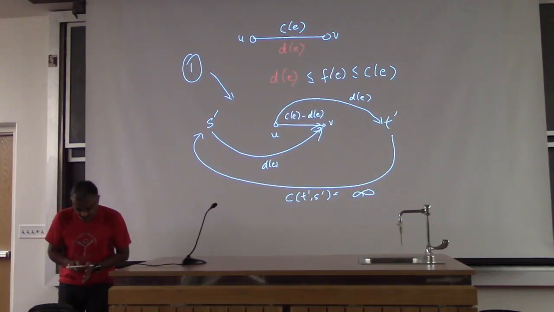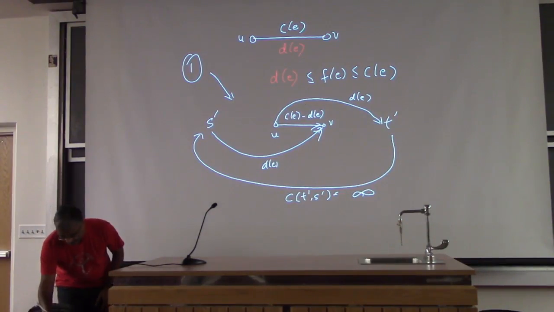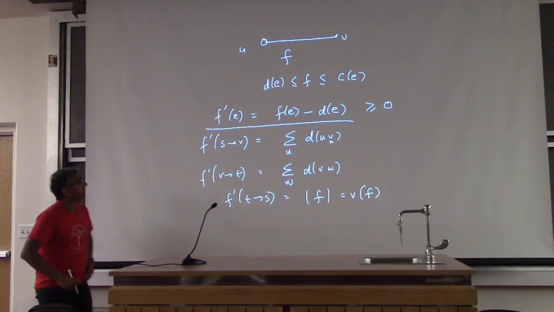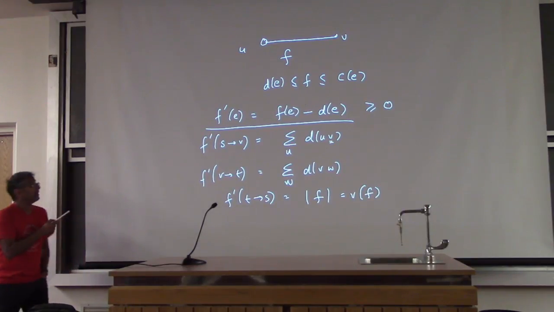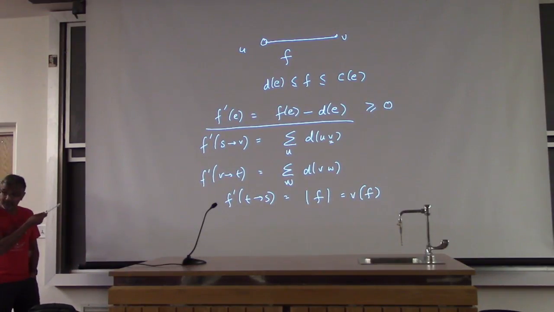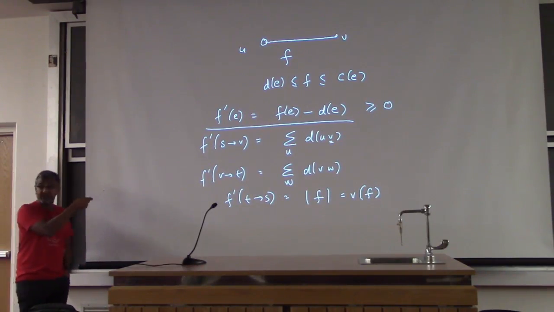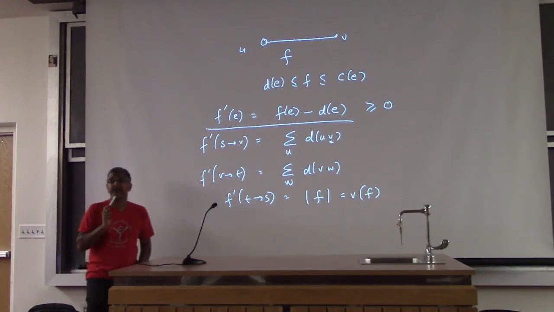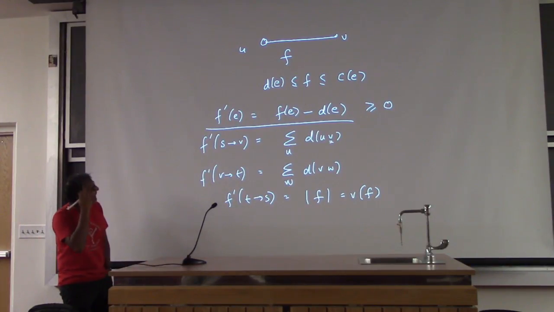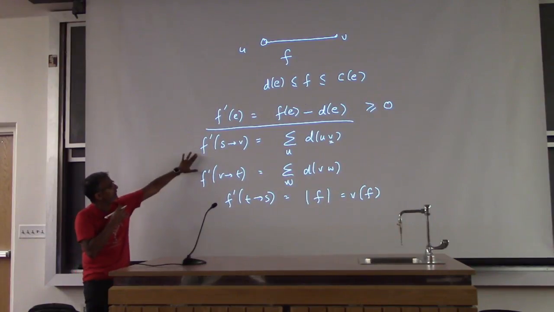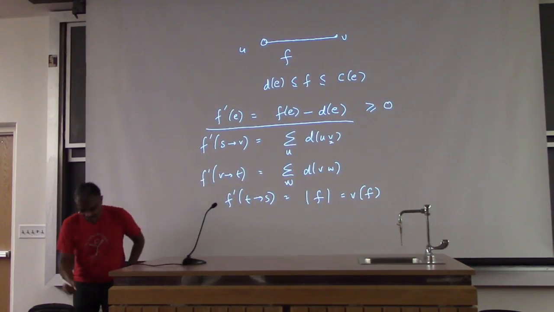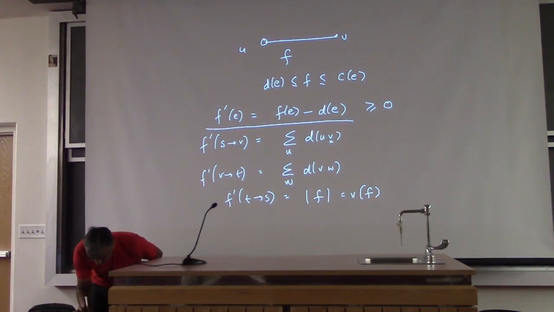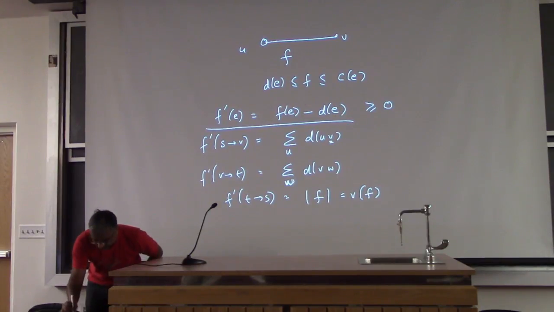Okay, so now we have this construction and we have a claimed assignment of modified flows. So the question is, is this a feasible flow? And is it saturating? Second one, this is W. What is U? No, F dash.